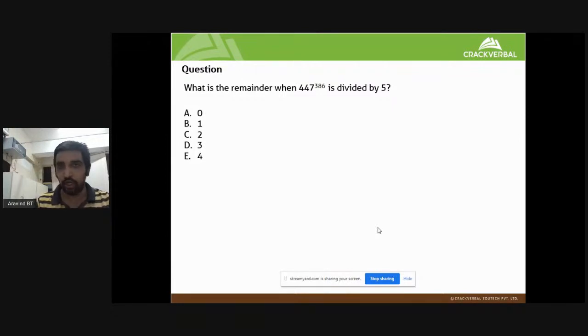And as a lot of you may have guessed, right, we are dealing with divisibility by 5. And we know that the divisibility test for 5 is to check the units digit, right? And we also know the units digit cycle. So we have a number ending with 7. So 447, right, is a number ending with 7.